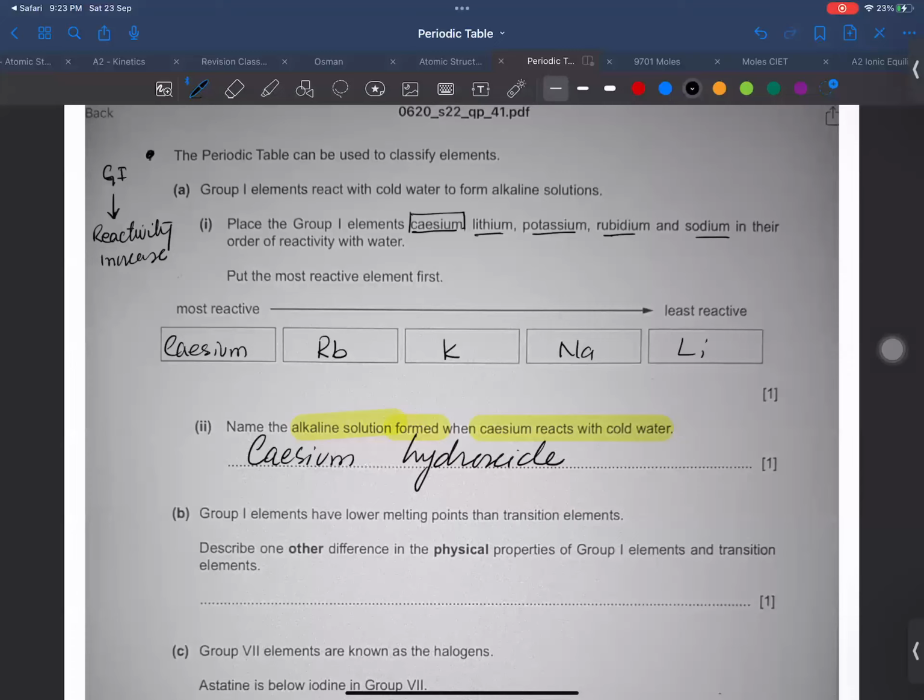Yes, sir. Then group 1 elements have lower melting point than transition metals. We know that we have 3 differences between transition metals and alkali metals. Alkali metals are soft, transition metals are hard. Alkali metals are having low melting point and low density and low boiling point, while transition metals are having high melting point, high boiling point, and high density as well. So one is already mentioned over here, which is melting point. Other than melting and boiling point, you need to mention one more physical property which is different in both of them.